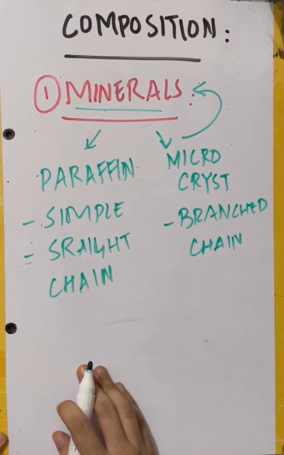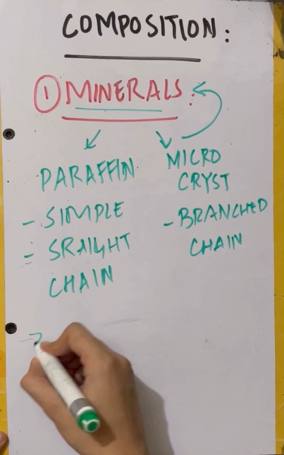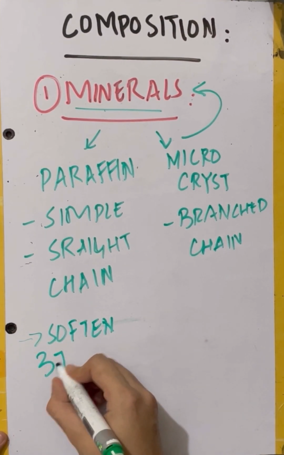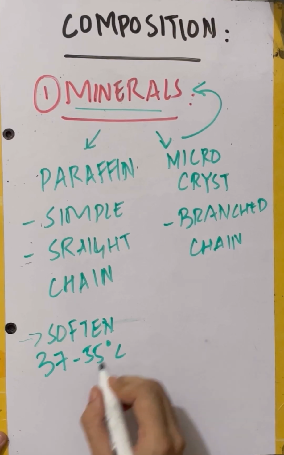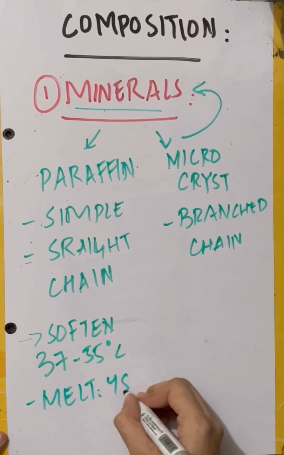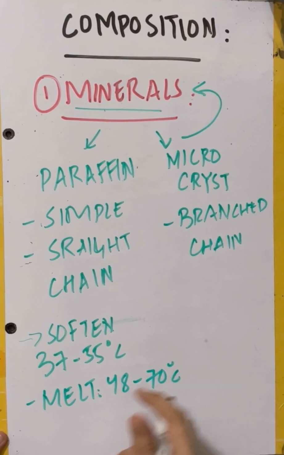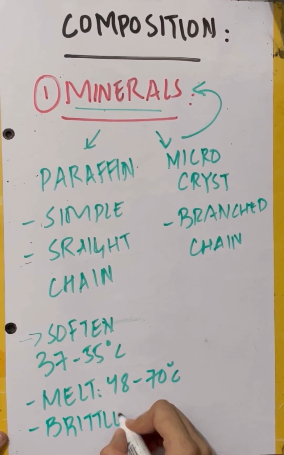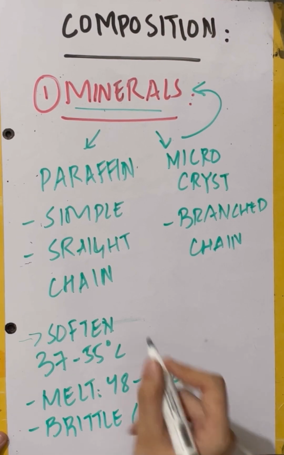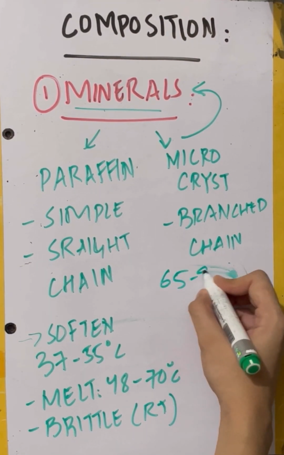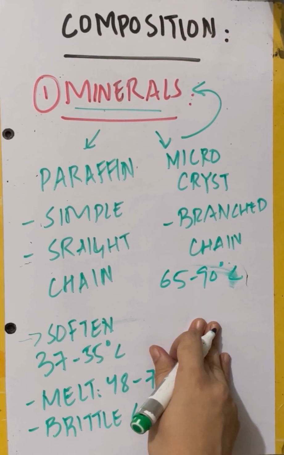Then the paraffin wax softens between 37 to 55 degrees centigrade and melts at 48 to 70 degrees, but it is brittle at room temperature. Then the microcrystalline wax melts between 65 to 90 degrees.